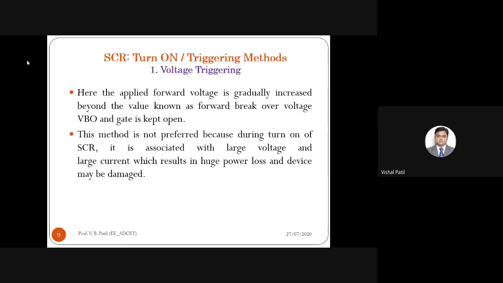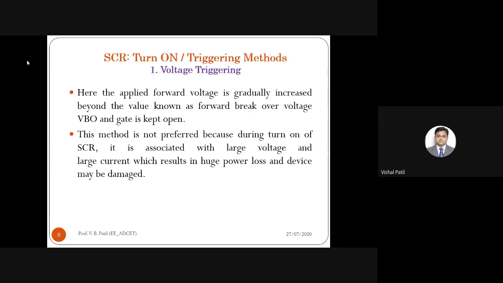Okay, so in voltage triggering, the device is connected in forward bias and the forward voltage is increased beyond the breakover voltage. So after breakover voltage, what happens? Junction J2 breaks down and there is avalanche breakdown. Because junction J2 breaks down, junctions J1 and J3 will also break down after some time.